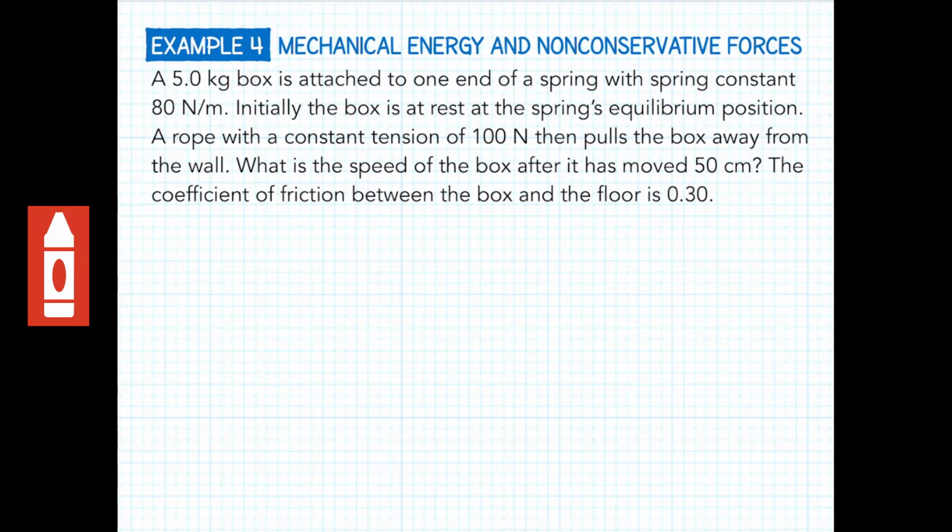So how are we going to draw this? Well, we have to draw the before and after, and then we have to keep track of all the things happening before and after. Drawing's hard, guys. Okay. So here's our 5 kilogram box.